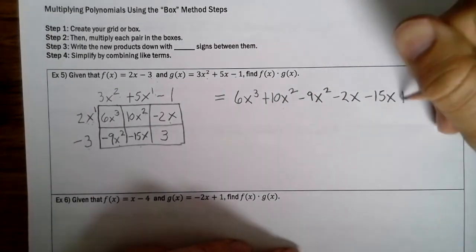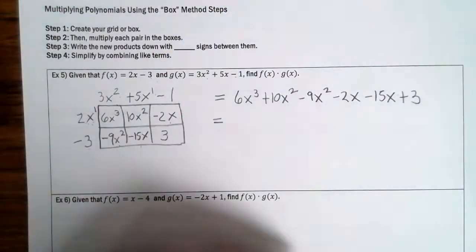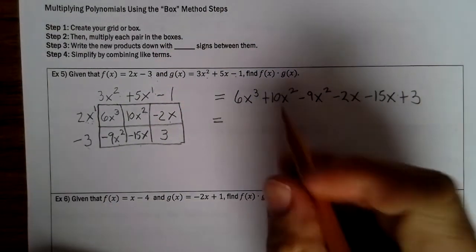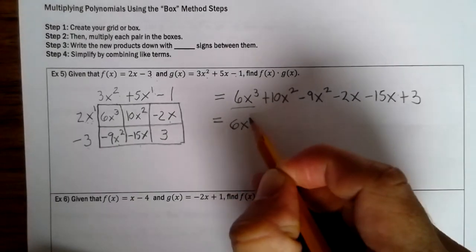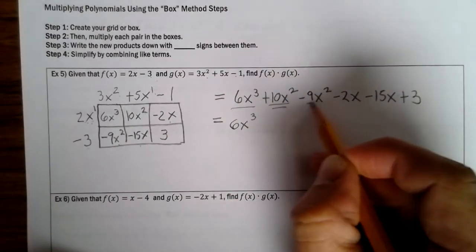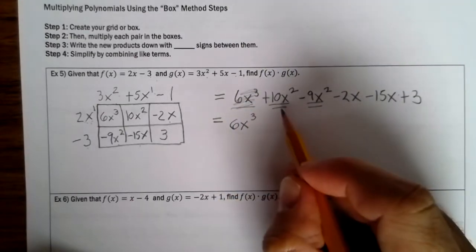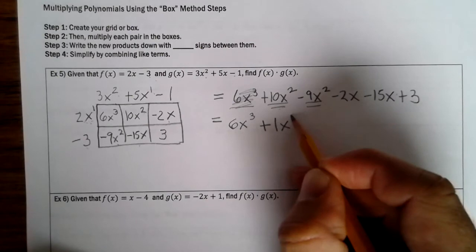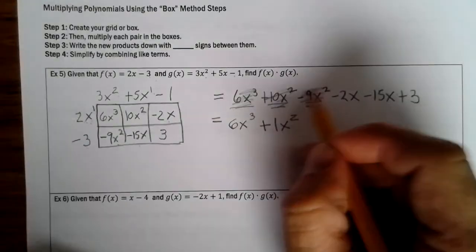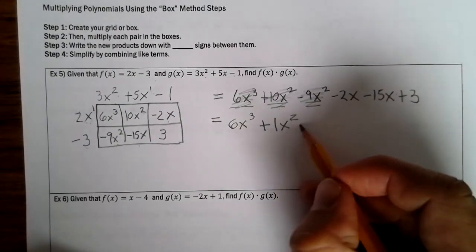Okay, combine terms. There's nothing to combine with the 6x cubed. Combine the x squareds. So 10x squared minus 9x squared is a plus 1x squared. We're done with those. Negative 2x minus 15x is negative 17x. And then plus 3.